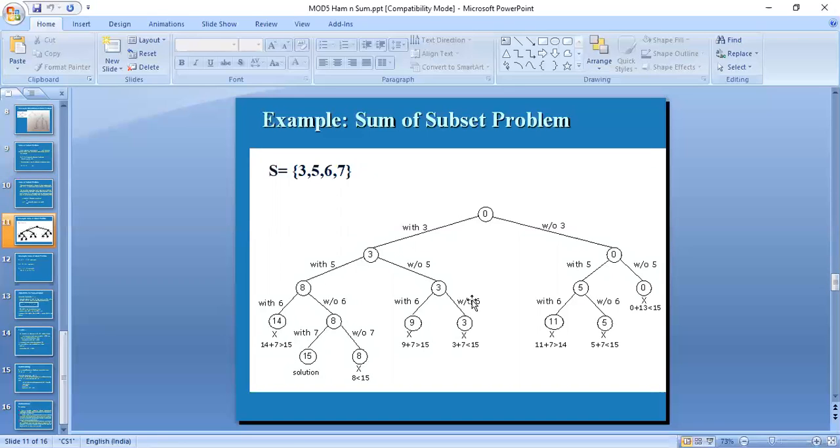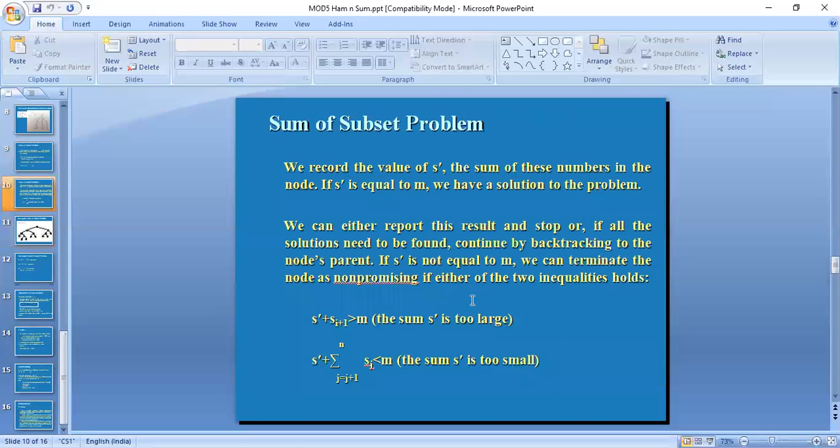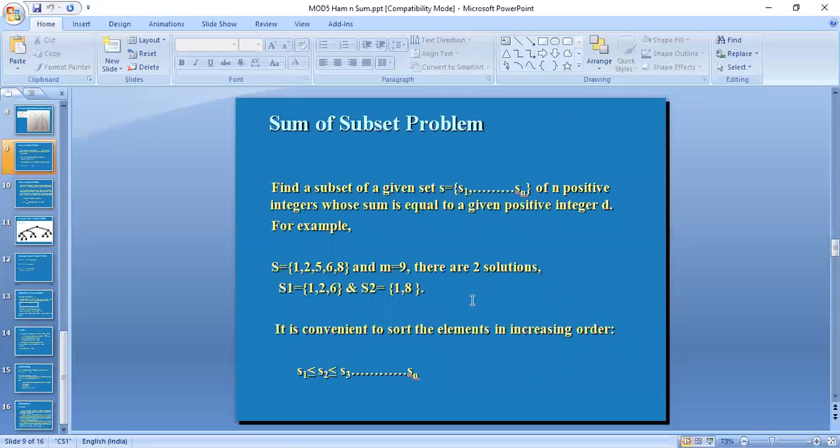So this is all about the sum of subset problem. Sum of subset problem is nothing but you will be given integers, and you will also be given a positive integer. Initially, we need to sort the elements in increasing order.